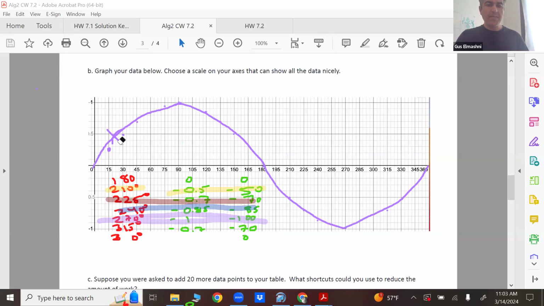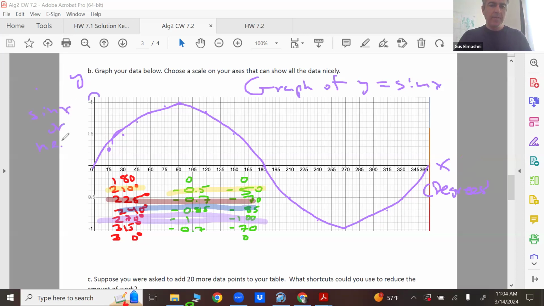And so what I just did, without you guys realizing it, is this is the graph. I'm going to explain why it's the graph of sin x, where x right here is in degrees, and y here is sine x, or the height off the ground.